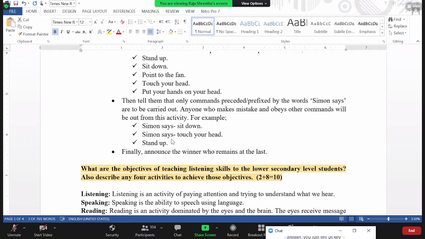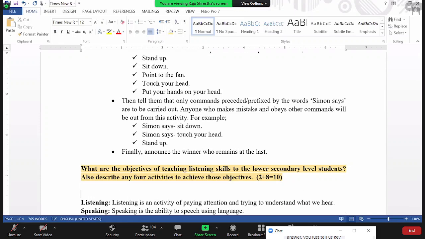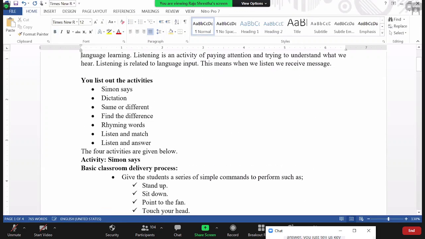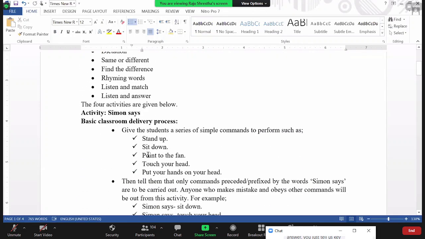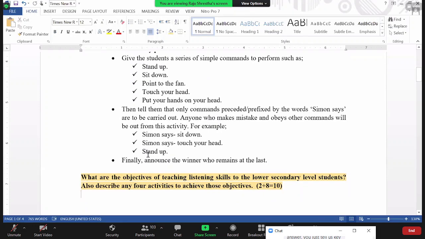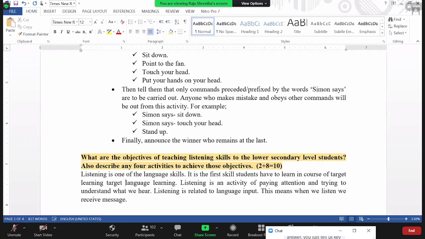In this way, for this also, the introduction part: bring the same thing from above. As soon as it says listening, write this at the start in the introduction part. We begin with some sentences in the introduction, like listening is one of the language skills. It is the first skill students have to learn in course of learning target language.